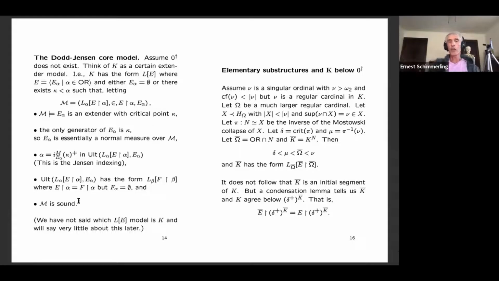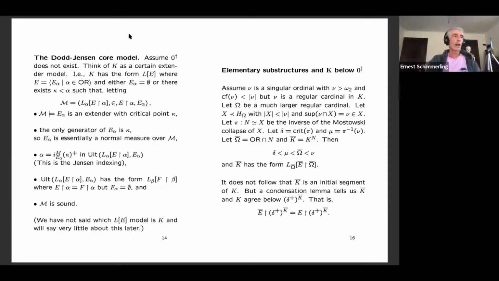So that's what soundness means. That's a description of extender models. I've said nothing about what makes there are many extender models. Not all of them are K. And so I would have to say more about which one is K, but I'm not going to. I'll tell you where additional features are used later.